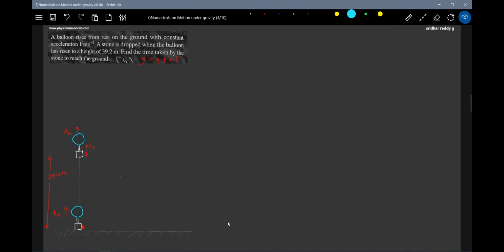What is the path of the stone? Due to inertia of motion, the stone is going to ascend, then it will descend, and finally it will strike the ground. The stone is going to come and strike the ground with a velocity Vs.